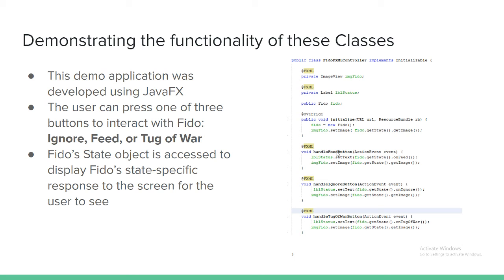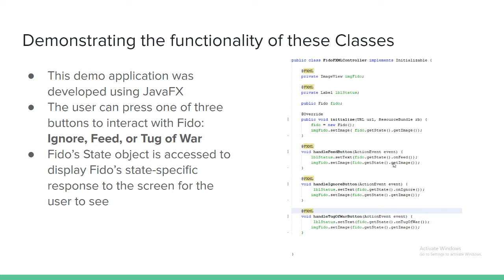So, we have the handle feed button. When the feed button is pressed, it gets Fido's state, and then it accesses the on feed method, and then it sets the image to the image of its state.